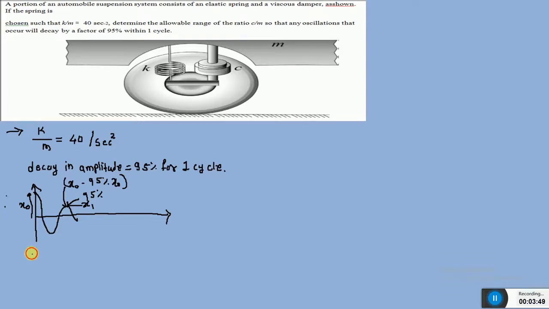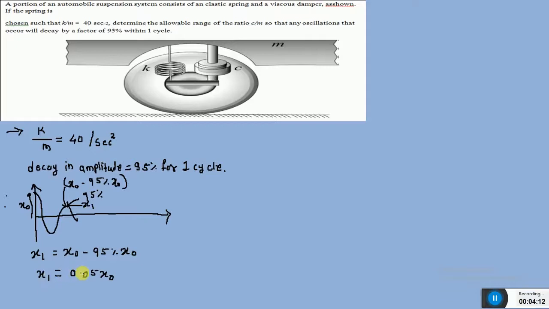So I will write here x1 is equal to x0, that is the initial value, minus 95% reduction into x0. So this value will be 0.05 of the x0.